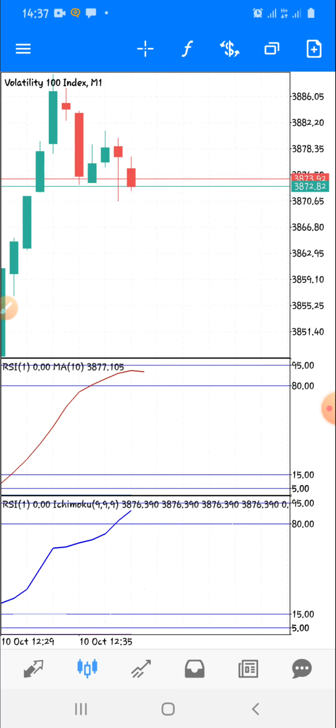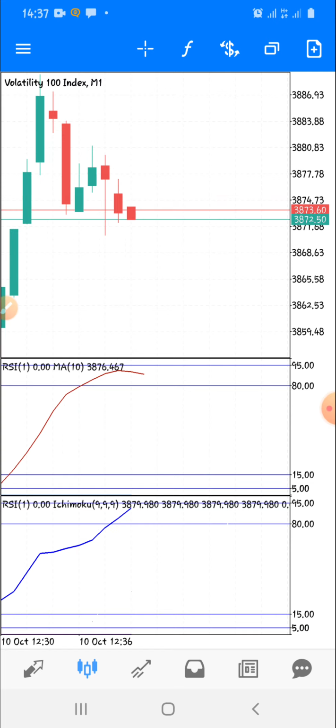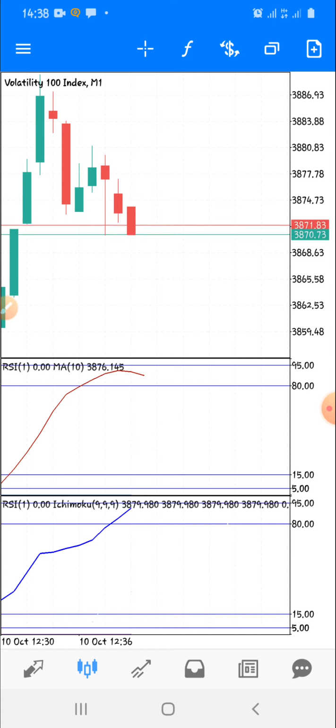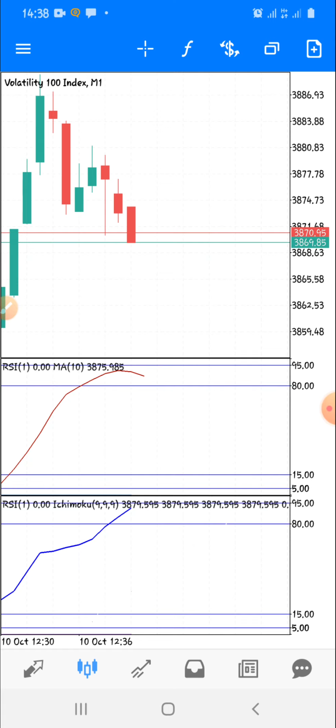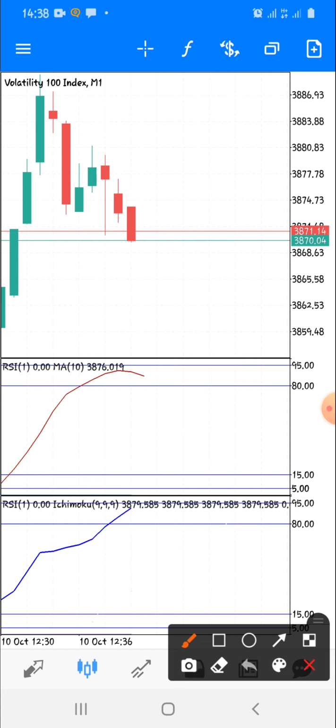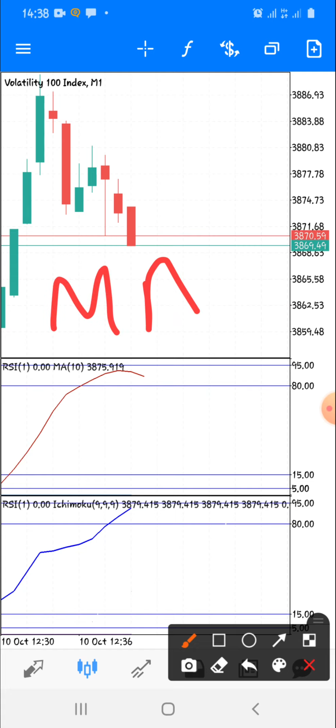Here I'm responding to some of the comments or requirements of other traders. I've uploaded a scalping strategy using the Ichimoku and the moving average, and others are requesting how they can use the MACD indicator, which is formerly called MACD indicator.